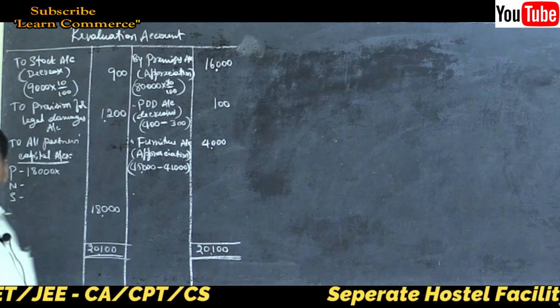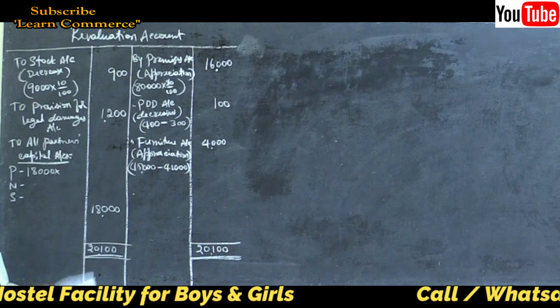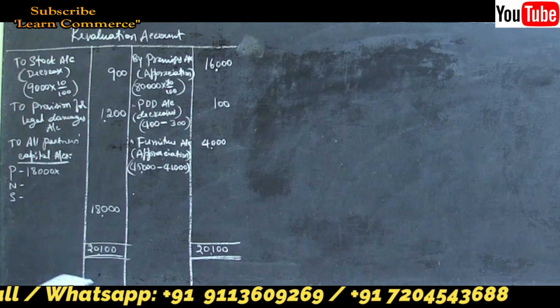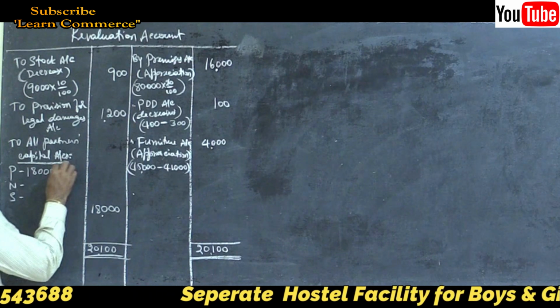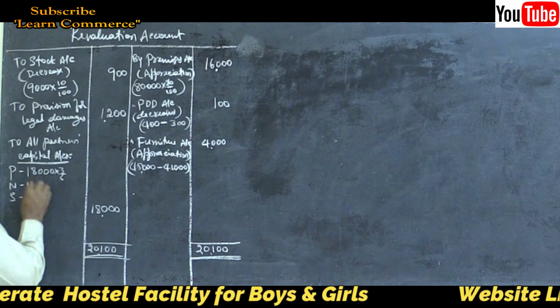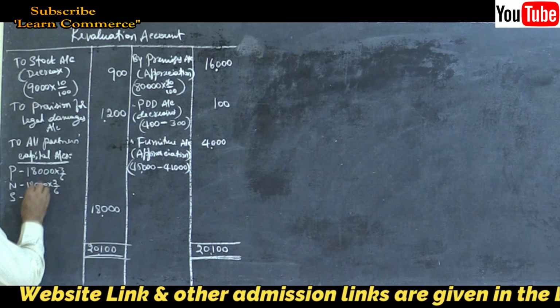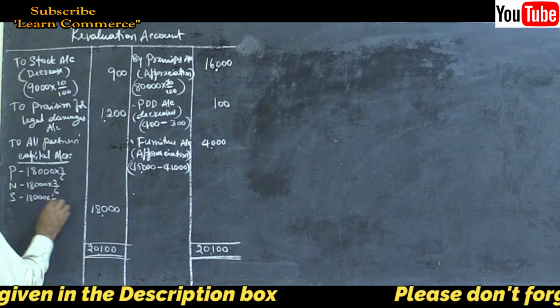What is the ratio of the partners? That is 3 by 6, 2 by 6 and 1 by 6, right? So 18,000 into 3 by 6, 18,000 into 2 by 6 and 18,000 into 1 by 6.